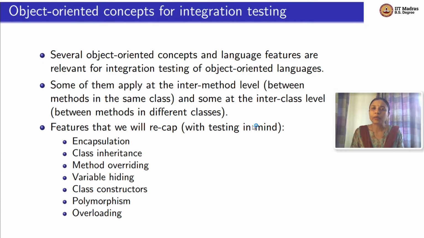Some of them can apply within a method, or between 2 methods in the same class, or some of them can apply between 2 method calls in different classes. In addition, the 2 classes to which the methods belong could be parent and child, could be unrelated, and so on. So we will recap the following features when it comes to object-oriented testing, again purely with testing in mind.